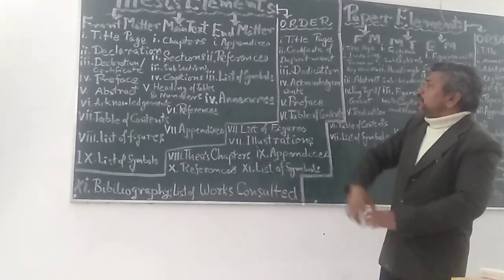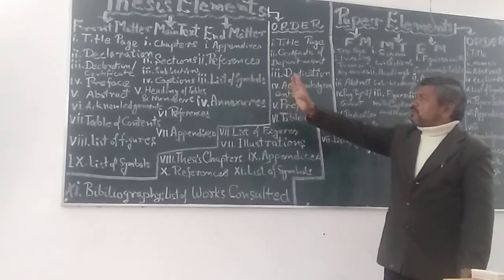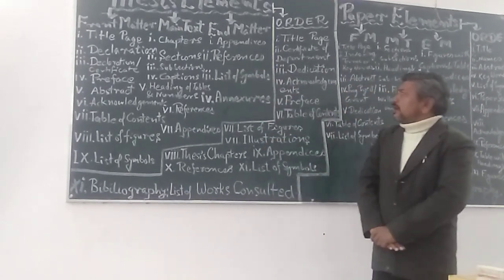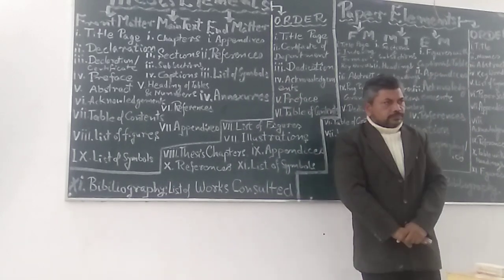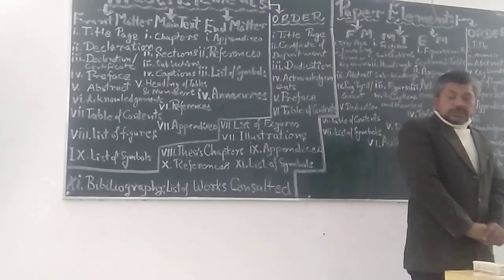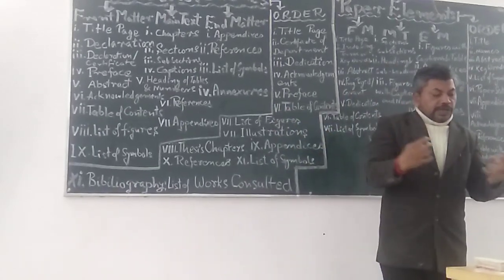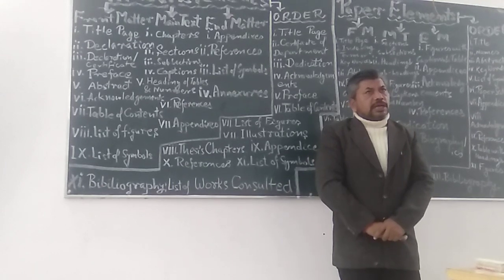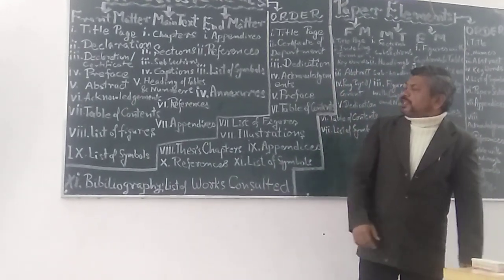Let us move to the end matter. The third major part of the thesis is the end matter, and that is appendices, references, list of symbols and annexes. Clear? While talking of appendices, there is also something known as indexing. Indexes will be there.